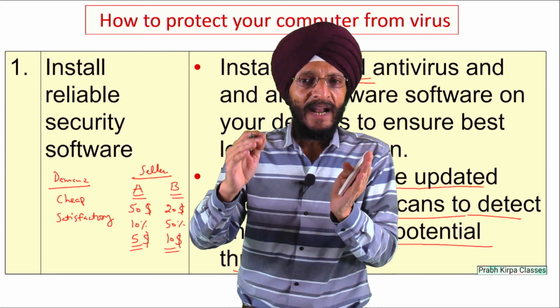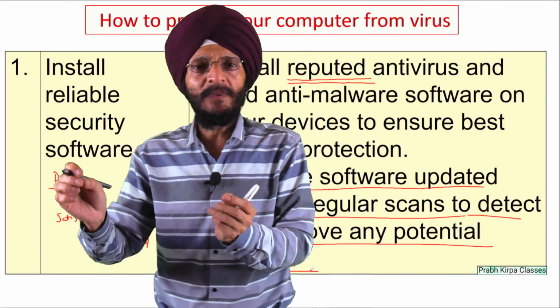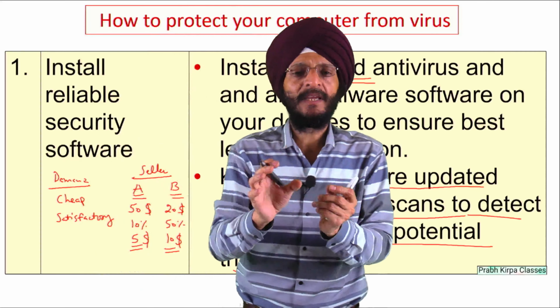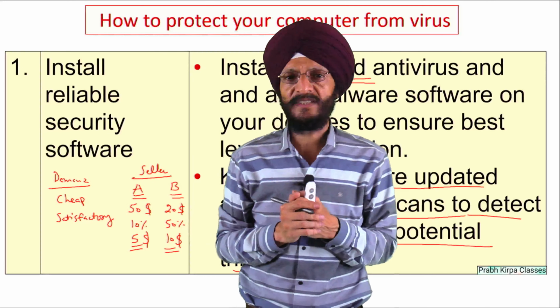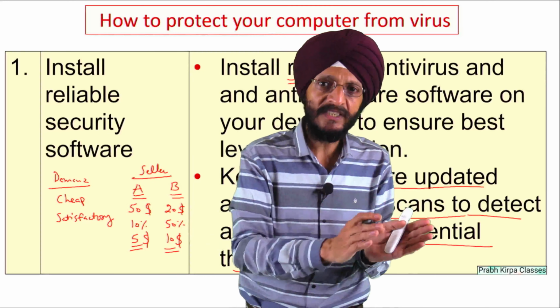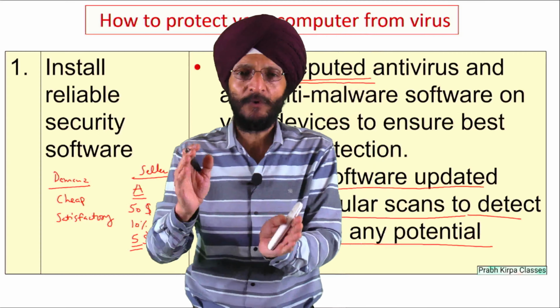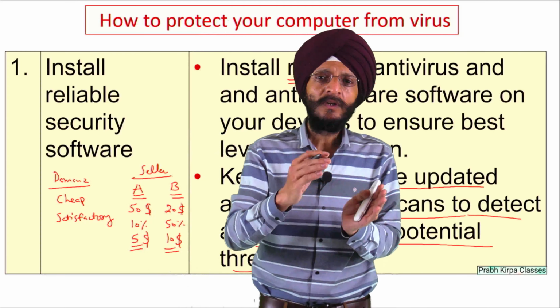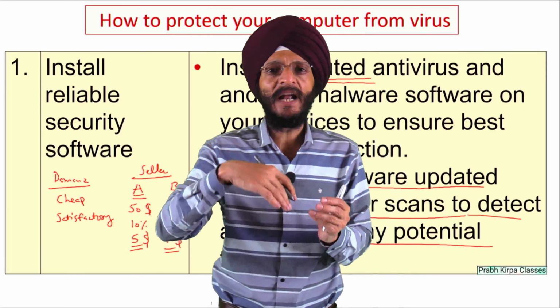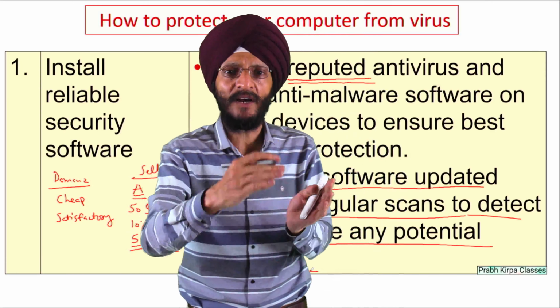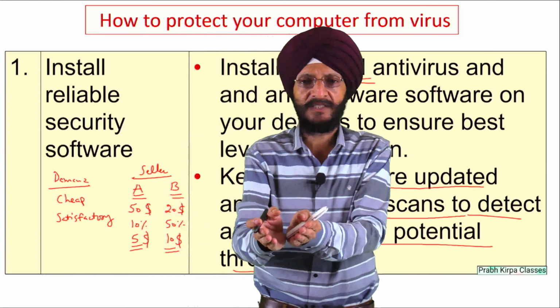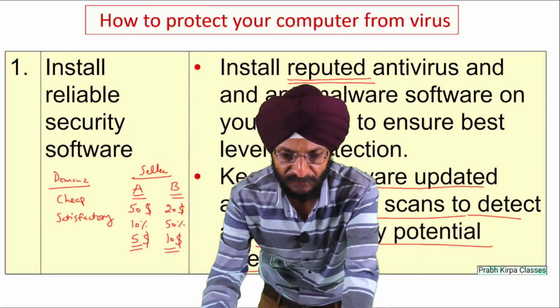At regular intervals, it may be possible that sometimes a computer may skip and it may not run scanning of the system. You should see that your system has performed scanning. If not, you can also run the full scanning of the system at frequent intervals, say after 1 month or after 6 weeks and so on.